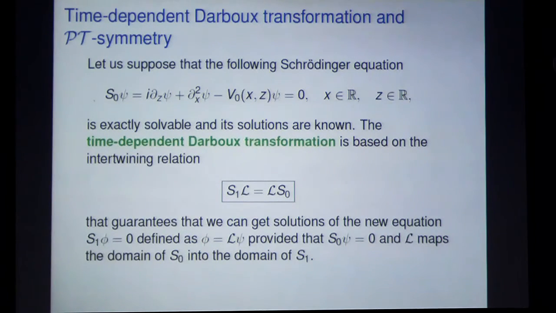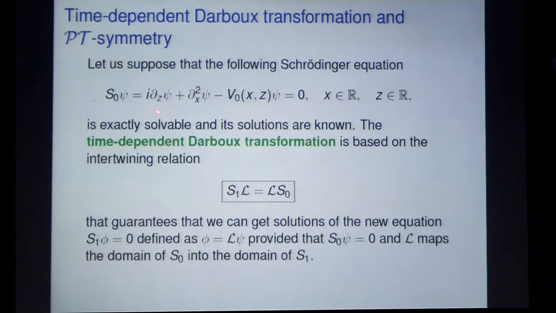So what we decided to do is to create systems where the refraction index changes not only in the x direction but also in the propagation direction. And in paraxial approximation, the propagation axis is different from the transversal axis because they obey this equation.